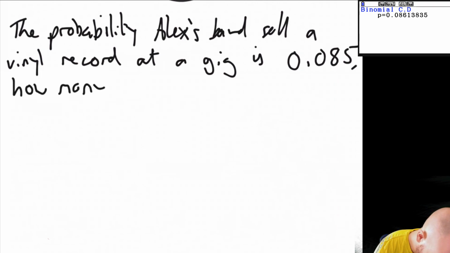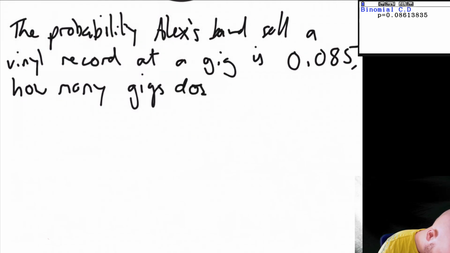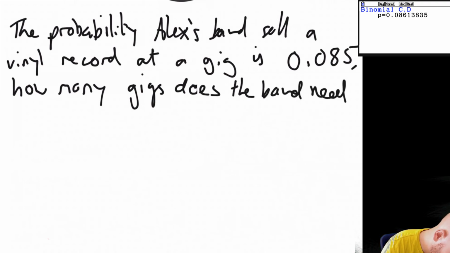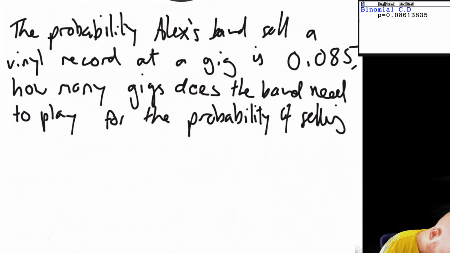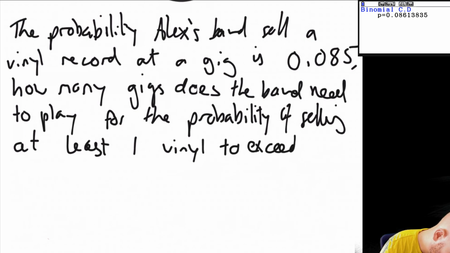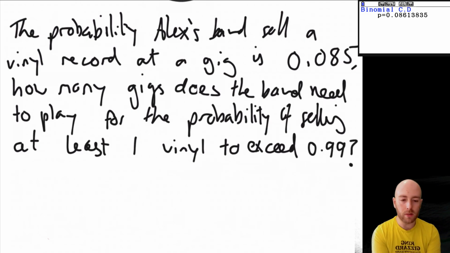How many gigs does the band need to play for the probability of selling at least one vinyl to exceed 0.99? So, semi-realistic question there.